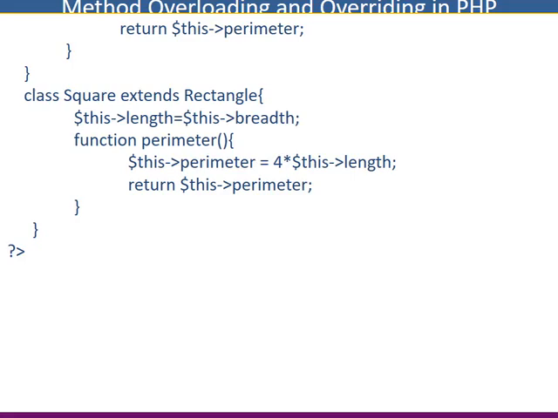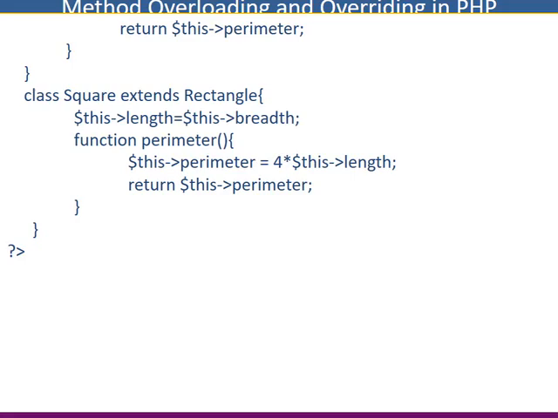So we have the rectangle formula, which is 2 times the length plus breadth inside the bracket, and we have the square formula, which is 4 asterisk length, since all sides are equal.